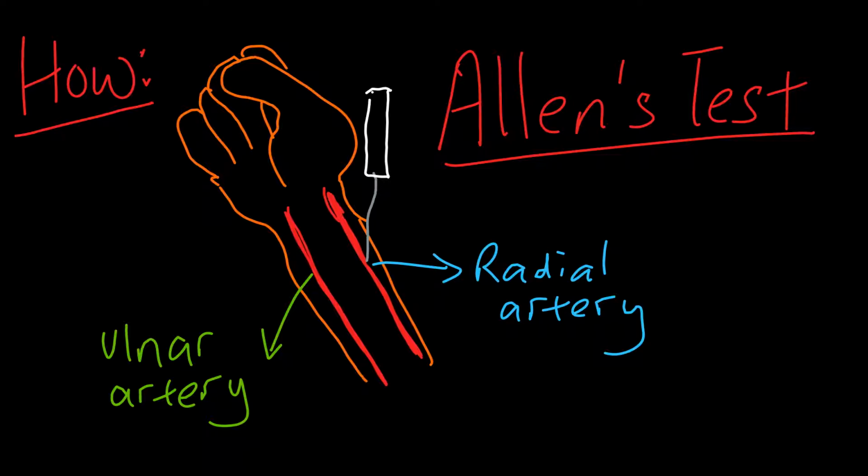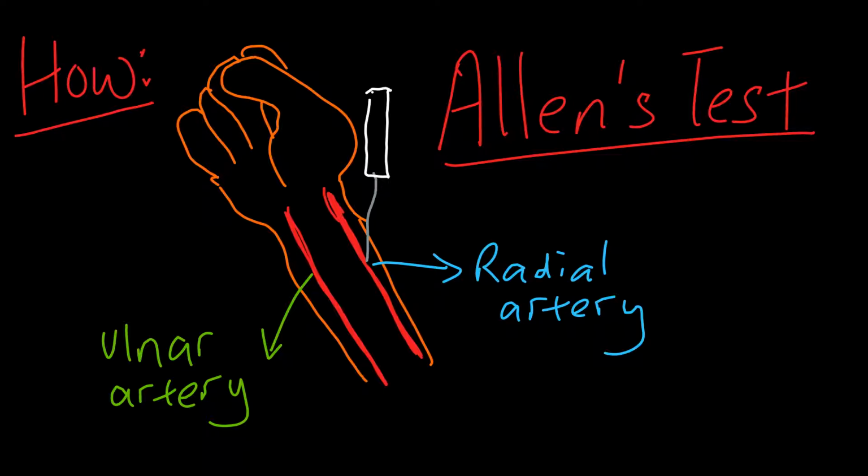All right, so let's talk about why and how we do the Allen's test. The reason we do the Allen's test is to make sure that there is sufficient blood flow through the ulnar artery, and that there is collateral circulation to the hand in the event the radial artery spasms or is damaged.